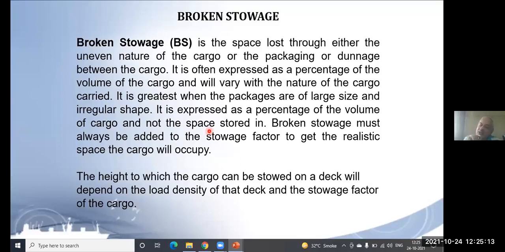So if the stowage factor is 1 and broken stowage is also 1, you are going to waste an equal amount of space, so it is 100% broken stowage. And this broken stowage is added to your stowage factor to calculate how many tons of cargo you can load. Okay, so that is your broken stowage.